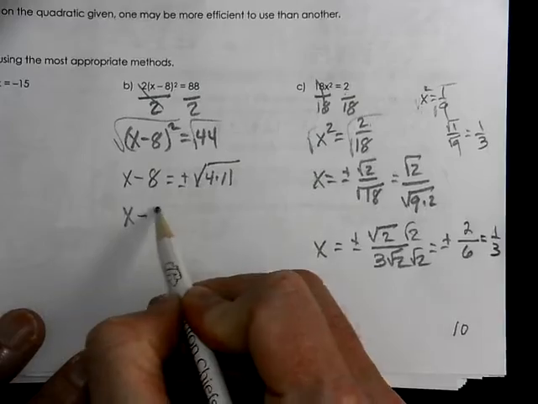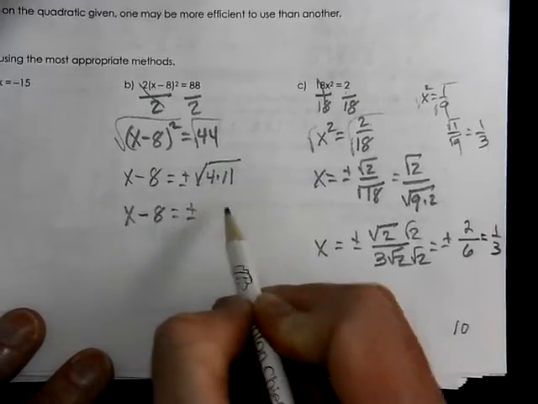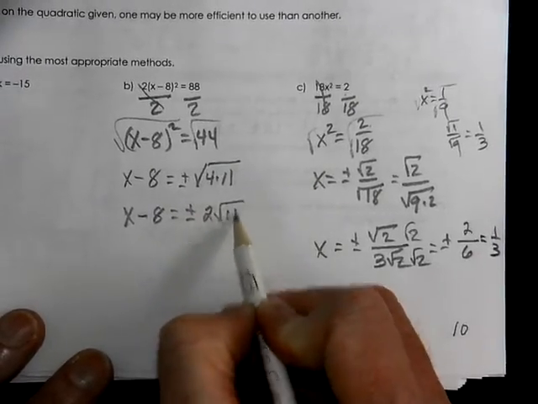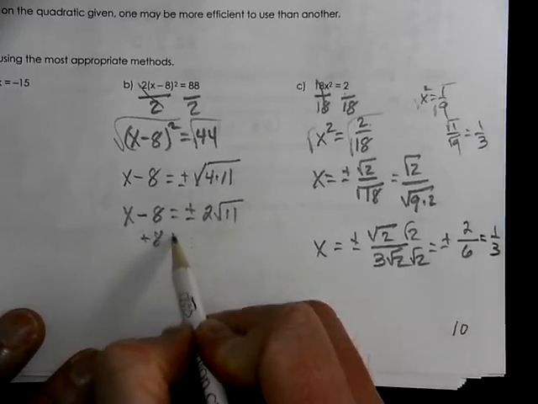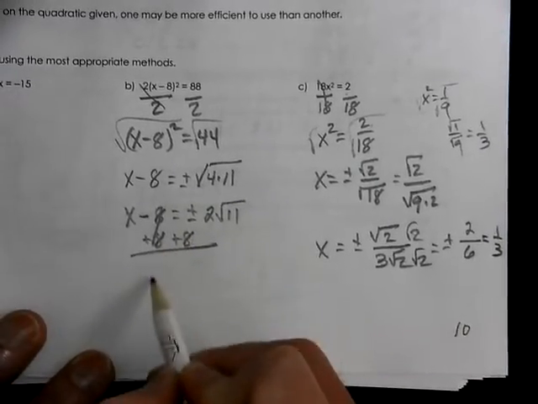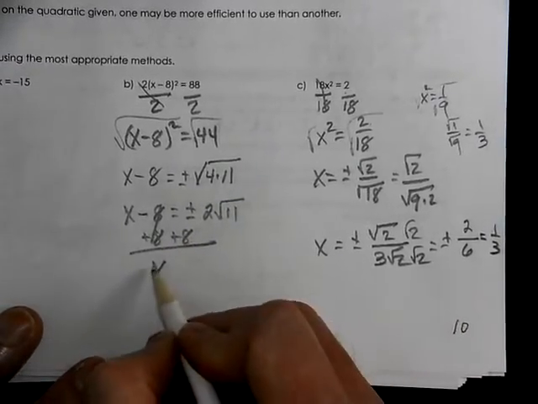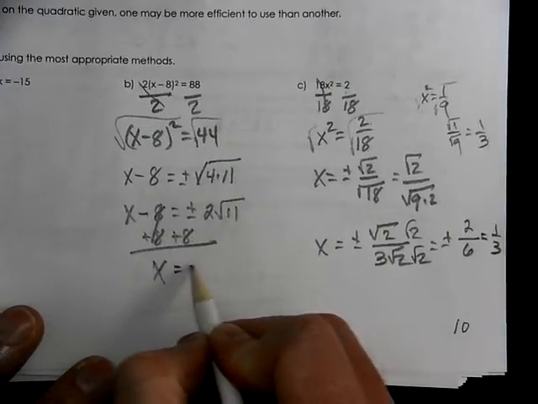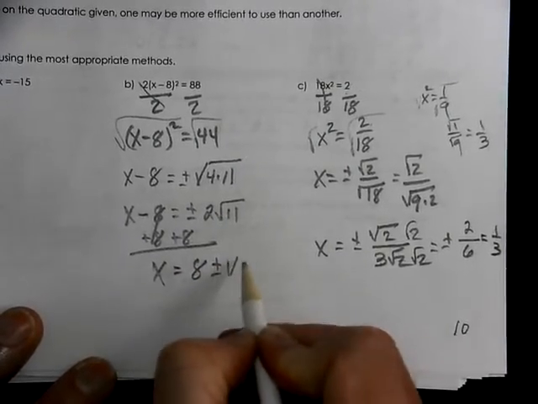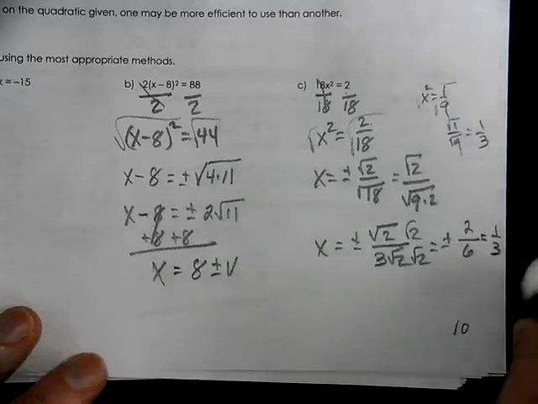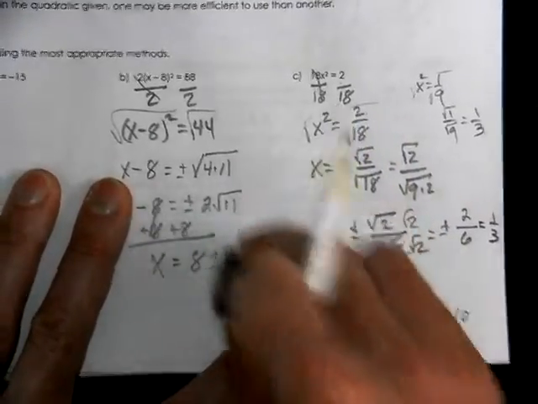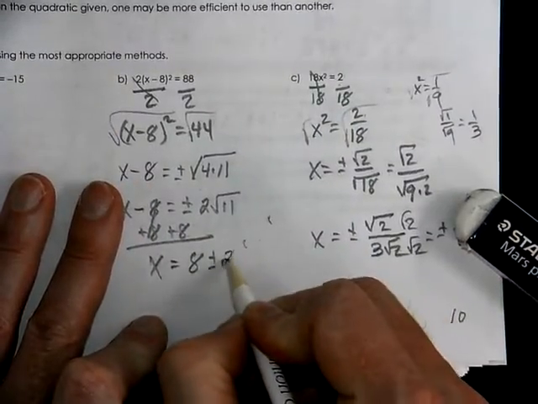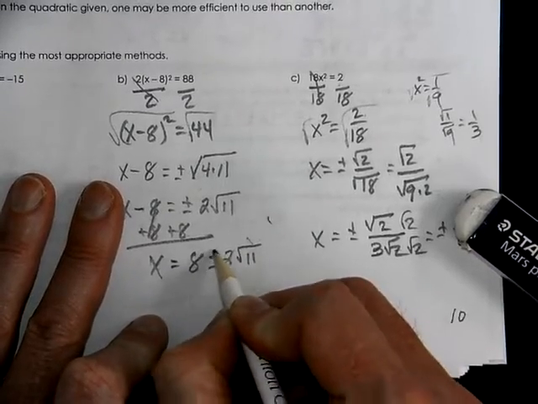So we have x minus 8 equals plus or minus 2 root 11. And I add the 8 across. Don't get that 8 mixed up with the 2. The 8 stays separate from the 2. So we have 2 root 11.